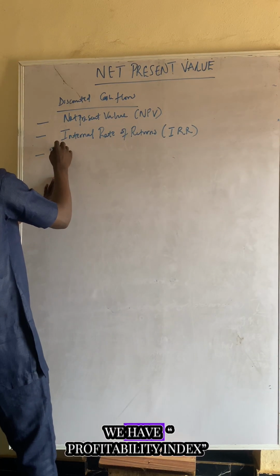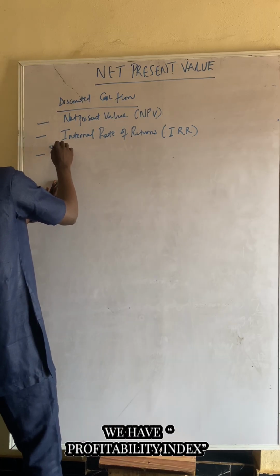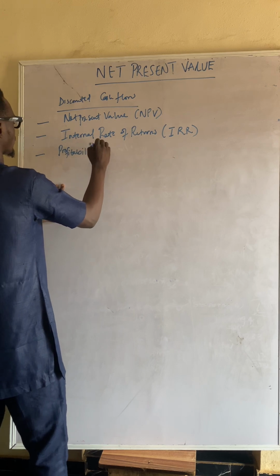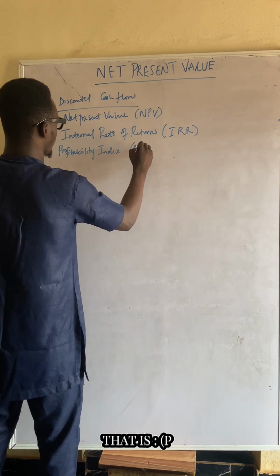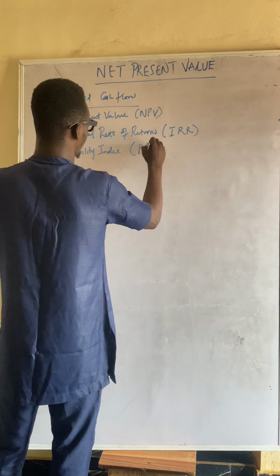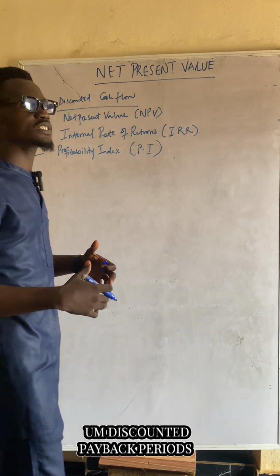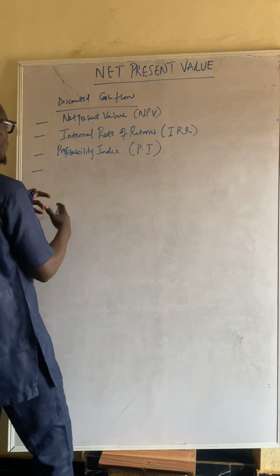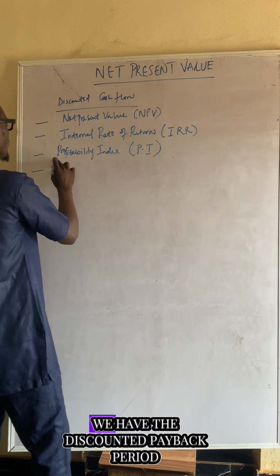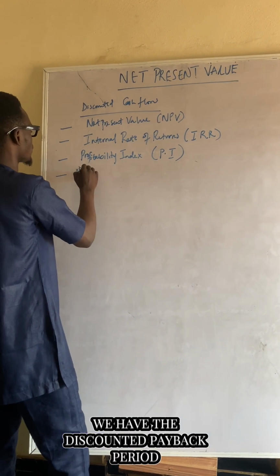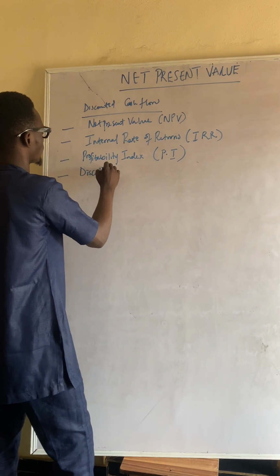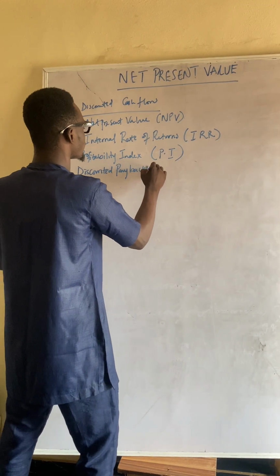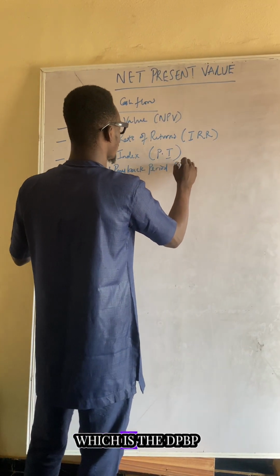And finally, we have the profitability index, that's the PI. Sometimes we also have the discounted payback period, which is recently introduced, and we're going to solve one or two examples under it. That is the DPP.